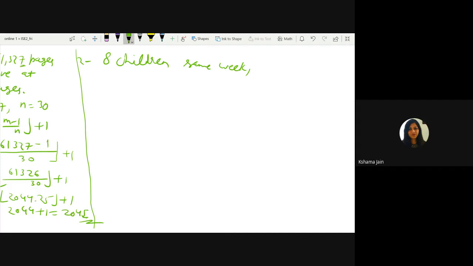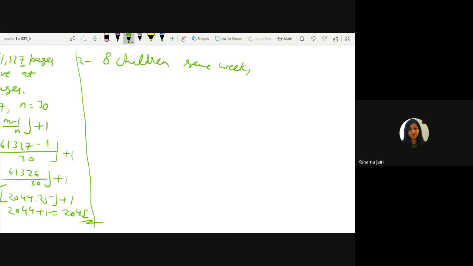But if we assume that all are born on different days, from Sunday to Saturday 7 are born, but they are saying in the same week. So don't say, ma'am, next Sunday 8 children will be born. They are telling in the same week 8 children are born. So the 8th child will be born again, some day would be repeated definitely. So on one of the days at least 2 children must be born.